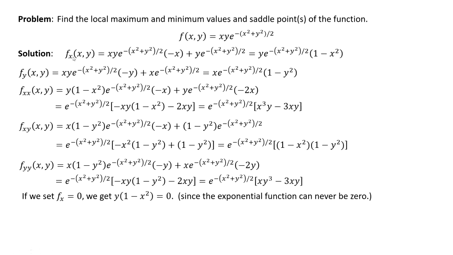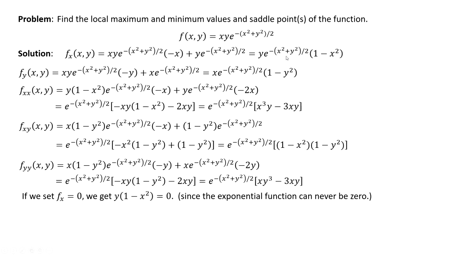Setting the first partial with respect to x equal to 0. So we got all of this stuff. Please pay attention to this part now. So this part should be set equal to 0. Based on that, that means y times (1 minus x squared) must be 0. But what about the e to the negative exponent?